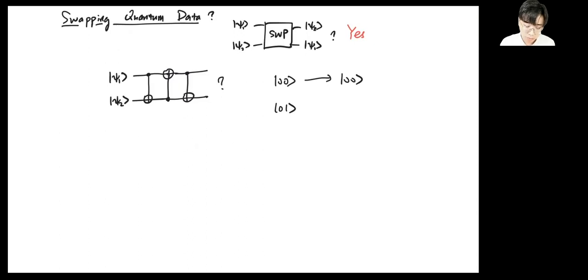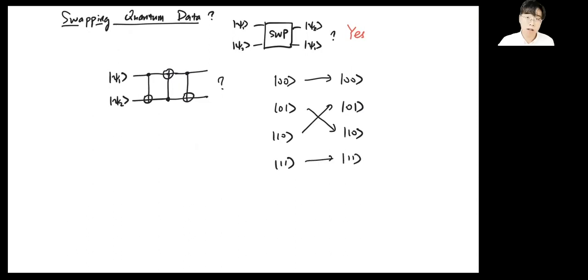It flips the second qubit back to 0. So at the end of the day, you will get 10. What if you pass 10 in as input? Similarly, you will get 01. What about 11? Well, you will get 11.